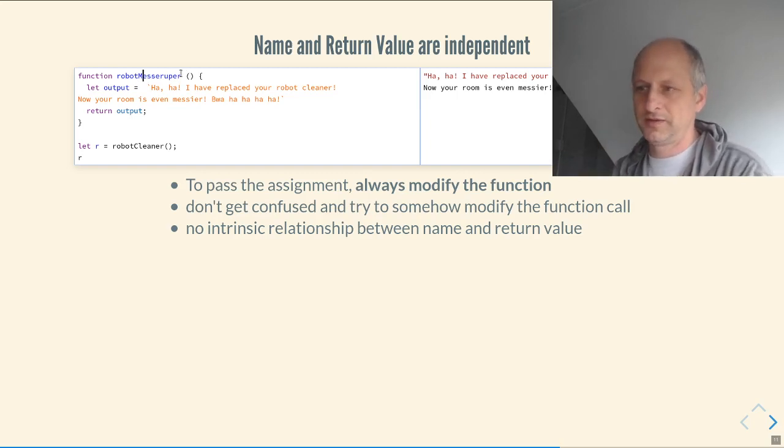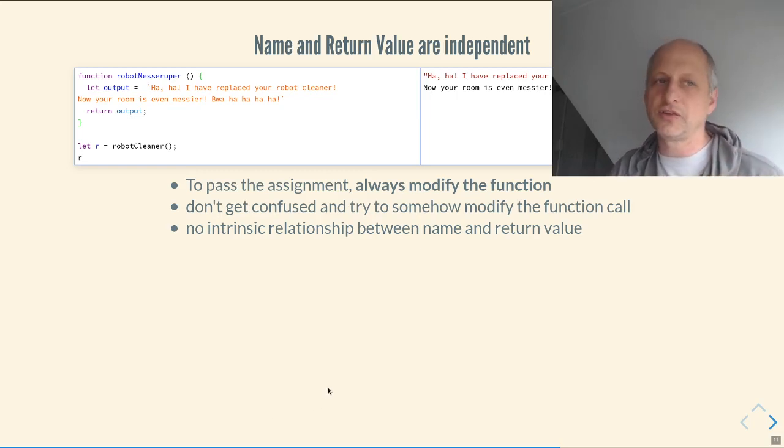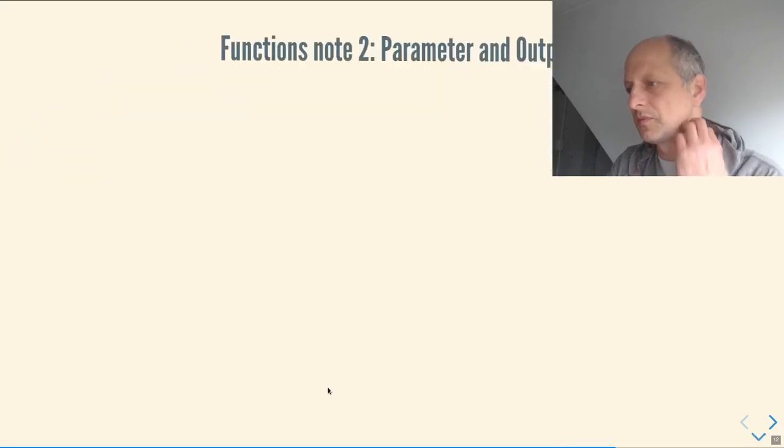That's not going to do anything, because there is no intrinsic relationship between the name and the return value. Just having named something the right name is not going to fix the problem for you.